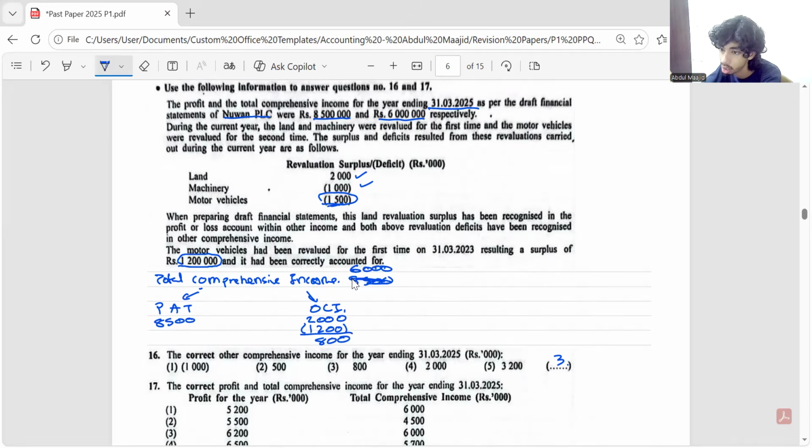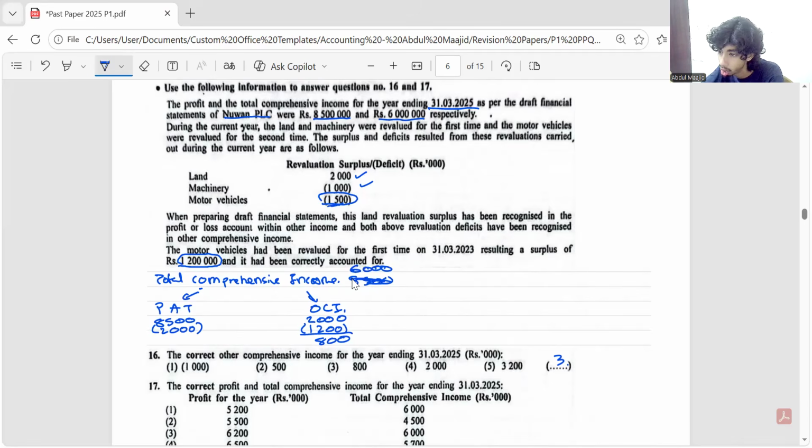Then what has happened now? The machine deficit. When preparing draft financial statement, land revaluation surplus has been recognized in P&L within other income. Now the land surplus they have recorded in other income. So you remove that from here. From profit you remove that and only you put to OCI.